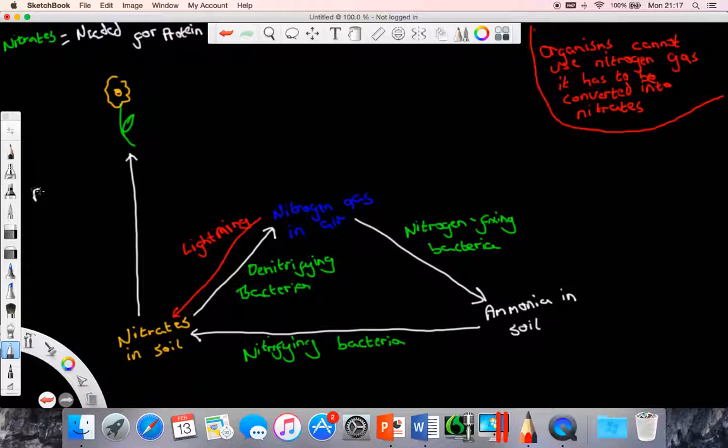Plants use the nitrates to build proteins.